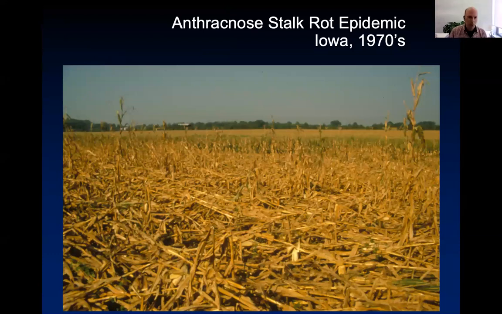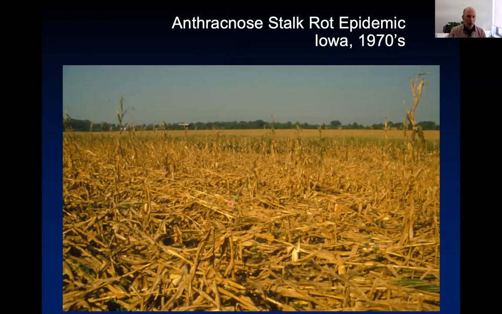And this photo was taken in 1973, I believe, in Iowa. And you can see that this crop of maize is completely destroyed. And this is due to the stalk rot phase of the disease. The fungus infects the stalk, it becomes very weak, and the plants basically fall over.